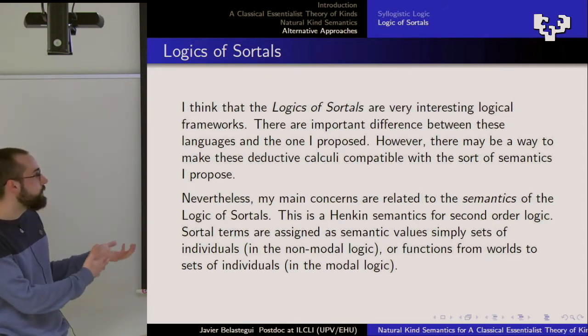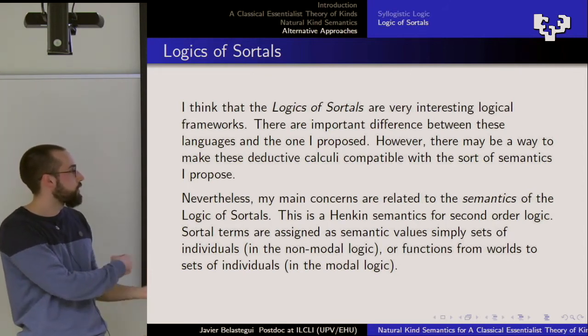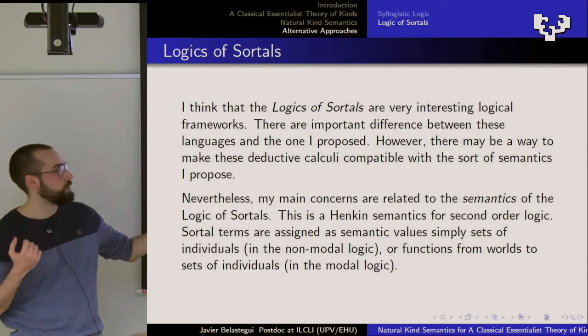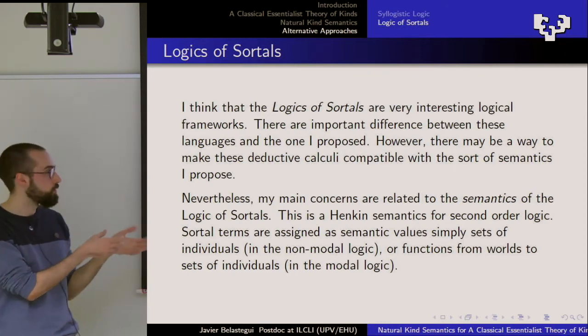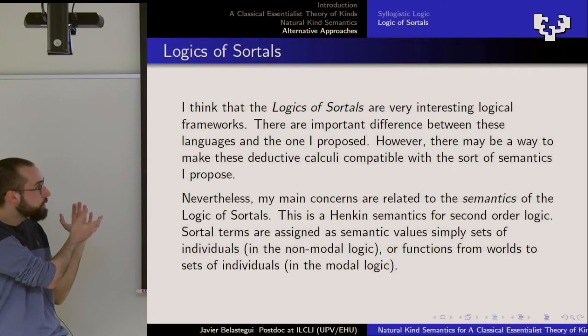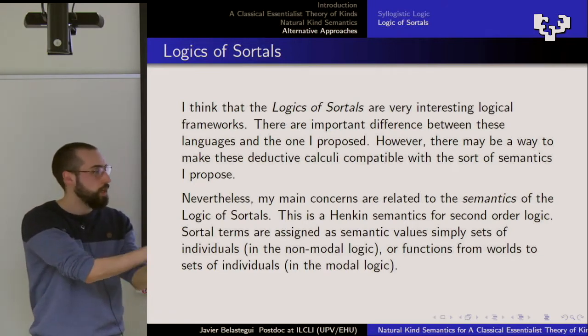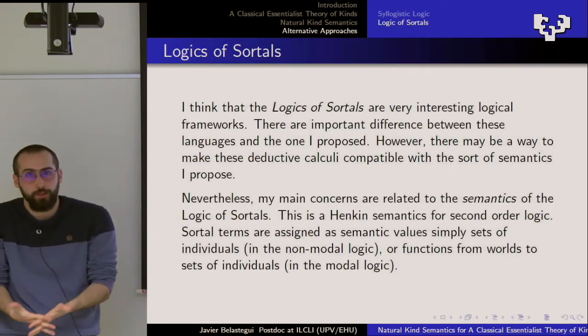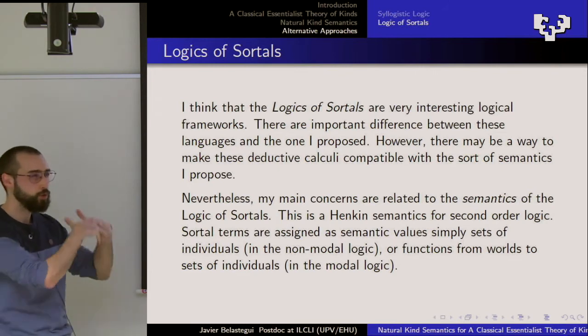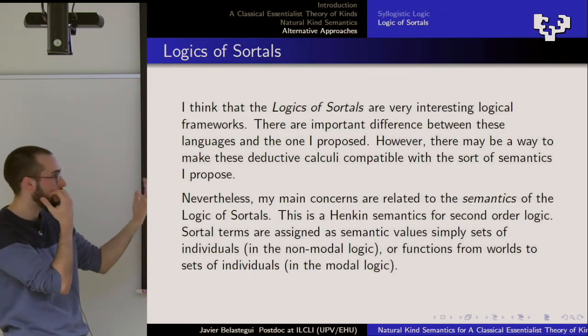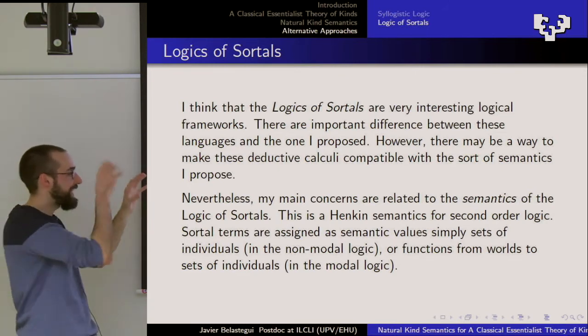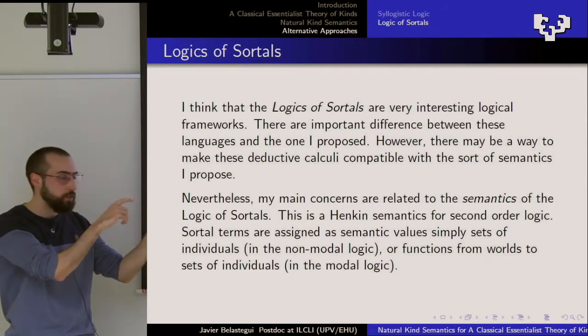So the semantics of these logics of sortals are Henkin semantics. So basically, you would take a natural kind term and you would map this to a set of objects, and that's it. So you would not have what I was talking about, which is a set of objects and the essence, and the relation between the two.